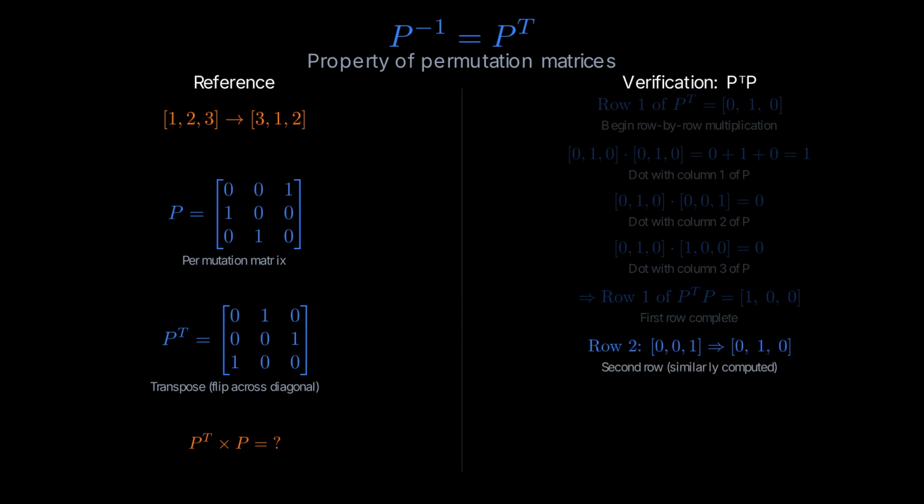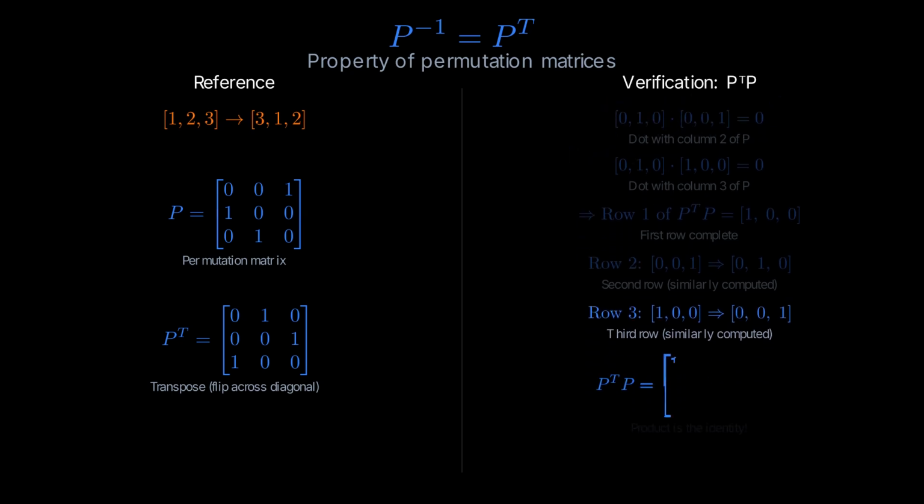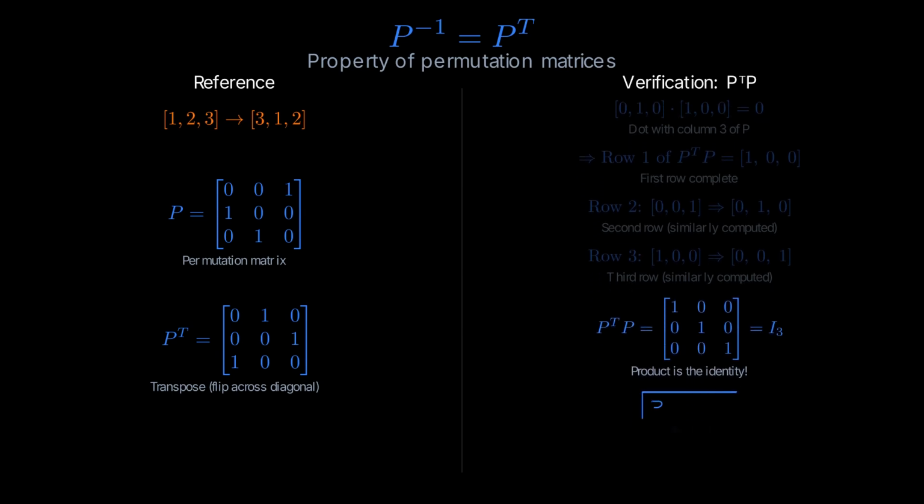For row 2 of P transpose, which is 0, 0, 1, we similarly get 0, 1, 0. And for row 3 of P transpose, which is 1, 0, 0, we get 0, 0, 1. The product is the 3 by 3 identity matrix, P transpose times P equals I, which confirms that P inverse is P transpose. Do a shuffle, then reverse it, and you're back where you started.